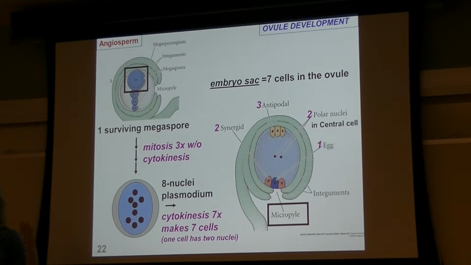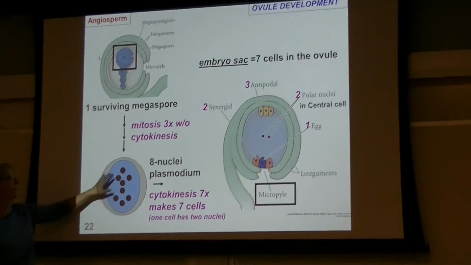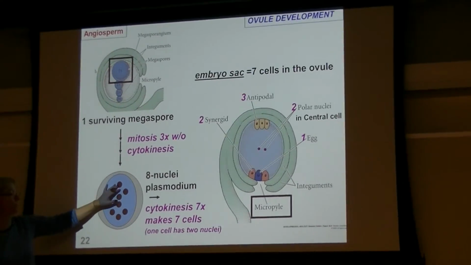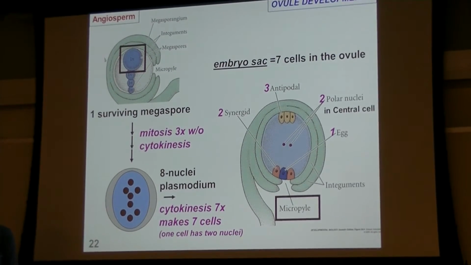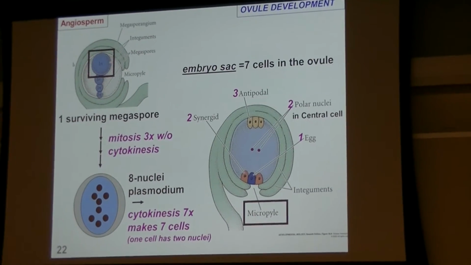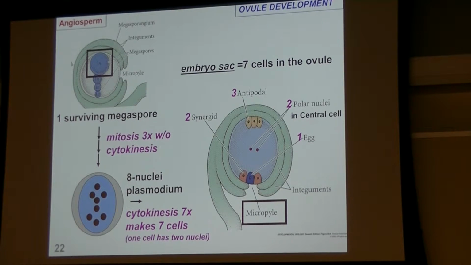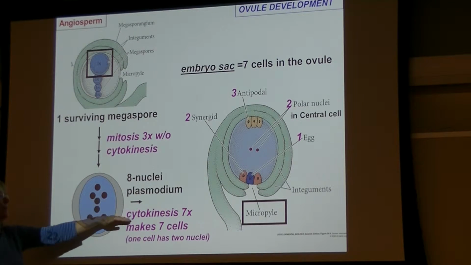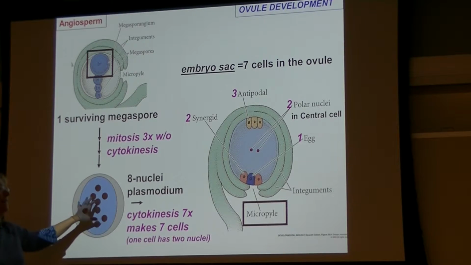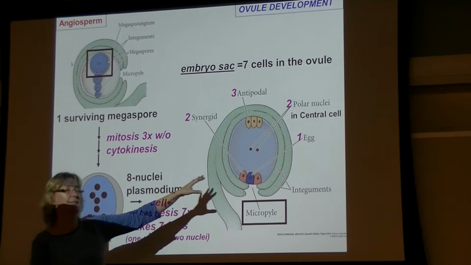So the nuclei will be replicating, and they're going to be here in a common cytoplasm. So there'll be 8 nuclei, and then the plant says, oh, well, wait, we forgot to do cytokinesis, so let's catch up. And then once we have these 8 nuclei, now cytokinesis will occur and divide that up into cells.